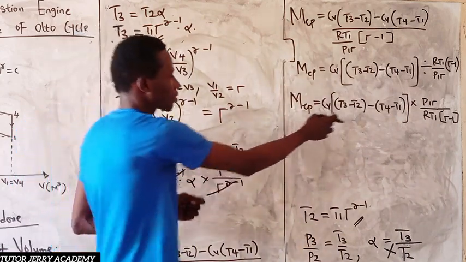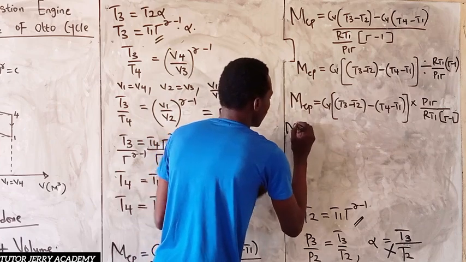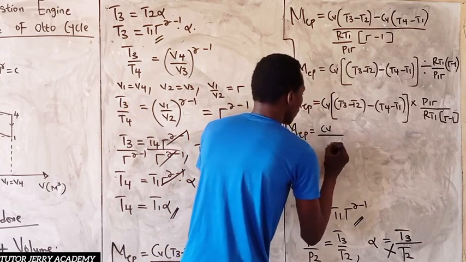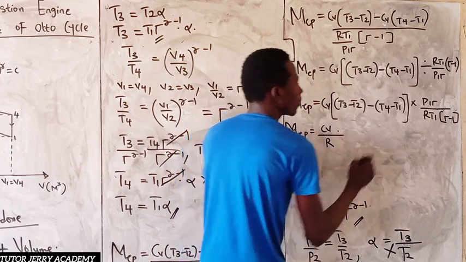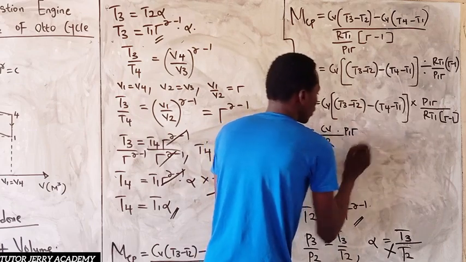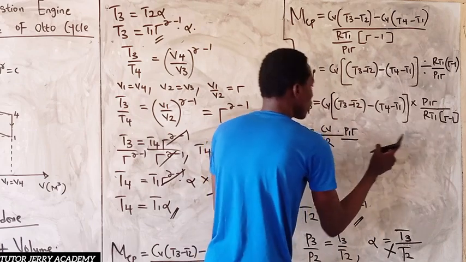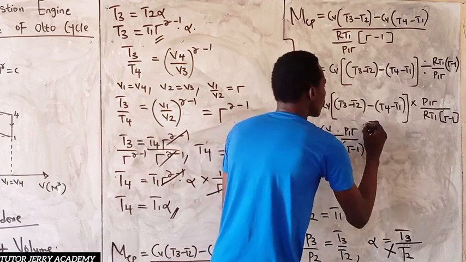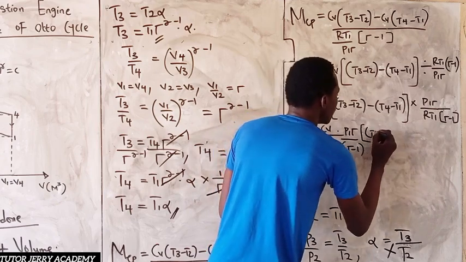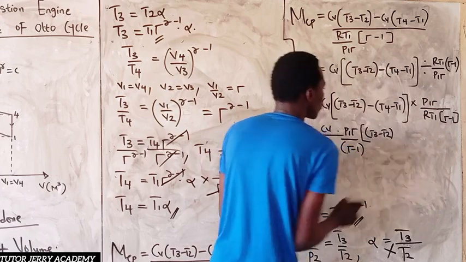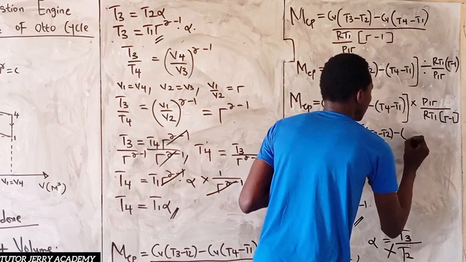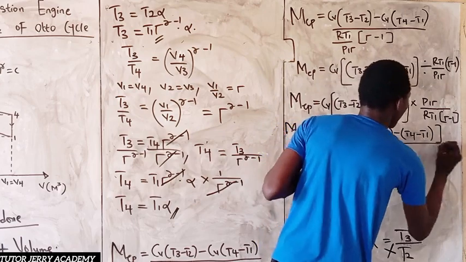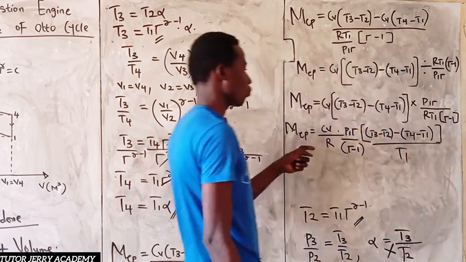So next, I'll just rearrange this by saying that mean effective pressure is equal to CV all over R multiplied by P1 compression ratio all over the bracket of compression ratio minus 1 into the bracket of T3 minus T2, close bracket, minus the bracket of T4 minus T1, close bracket, everything all over T1.